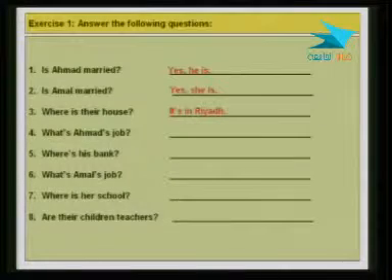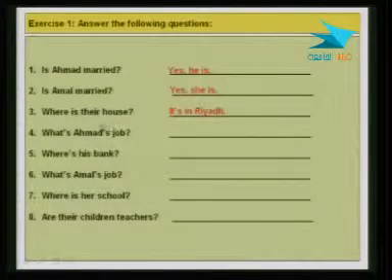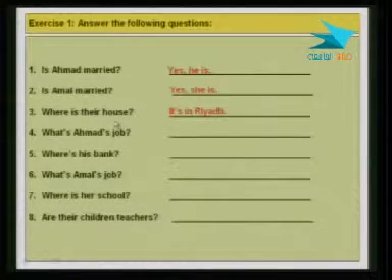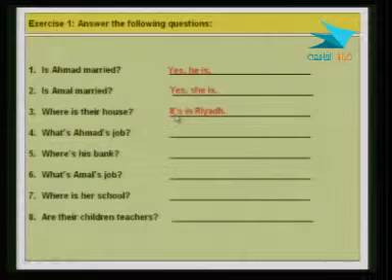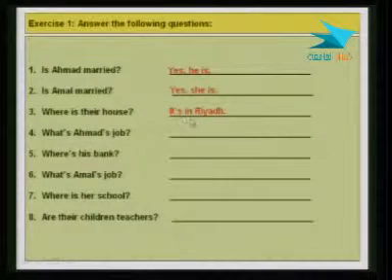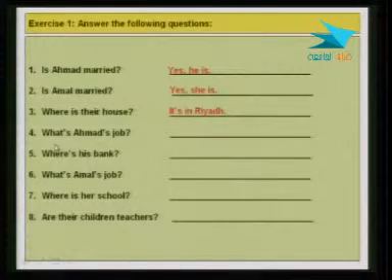It's in Riyadh. And why do we use it? Because we're asking about the house. And a house is a thing. It's not a human being. Okay? So it's, and notice again the contraction here. We studied contractions in the previous sessions. So it's. We can also say it is in Riyadh.